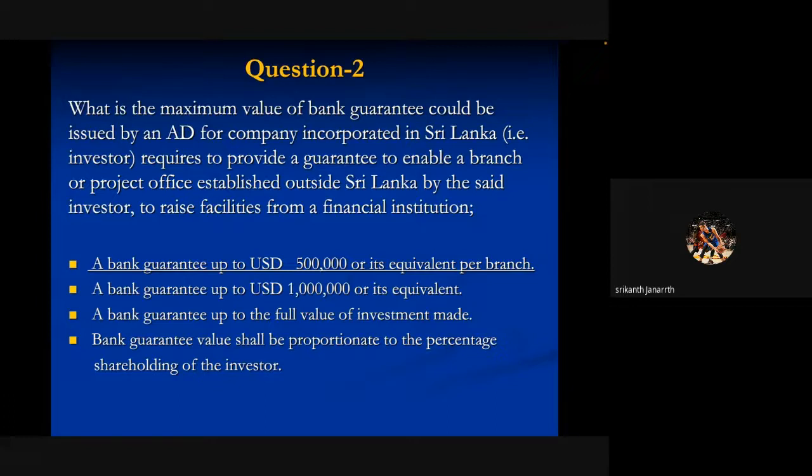If you have more than 50% share, you consider it a subsidiary. Based on that, you can make an investment less than 50%, 50%, or more than 50% based on your contract, but not here. So there is a limit of 1 million, subject to that. Here the answer is it's a branch office. You can issue up to 500,000 equivalent per branch.